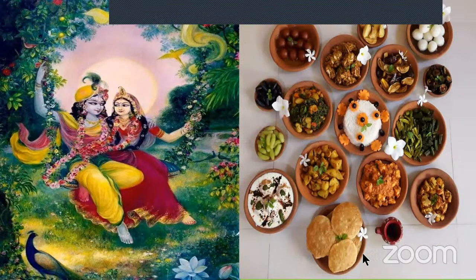Dahi vada, puri, the two nice puffed up puris, paneer sabji, cauliflower pakoda, then cabbage pakoda, then this saag, then bhindi fry, karela fry, brinjal fry, then aloo fry, gulab jamun, rasagulla, then one more aloo, I don't know what this is, aloo or some other, because here we see aloo fingers.